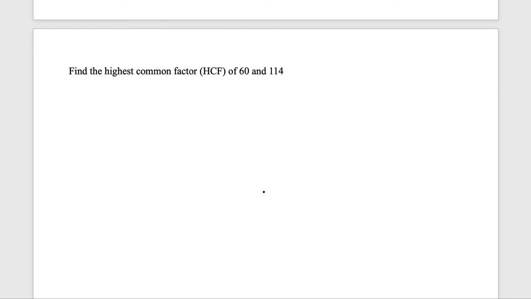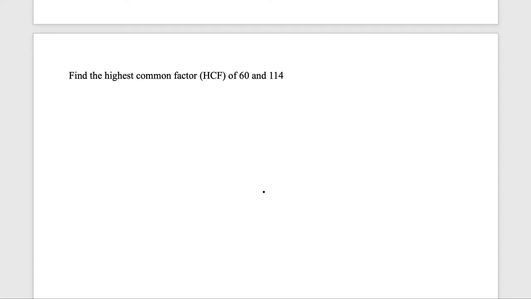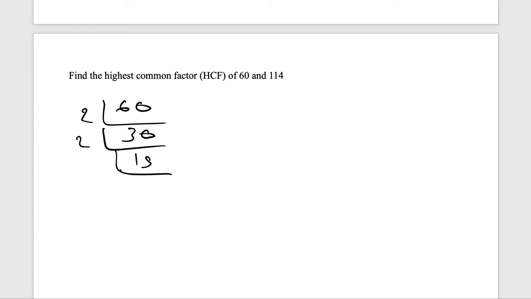Next question, find the highest common factor of 60 and 114. So 60 is 2, 30, 2, 15, 3, 5, 5. So 60 as a product of its primes is 2 times 2 times 3 times 5. Let's have a look at 114.